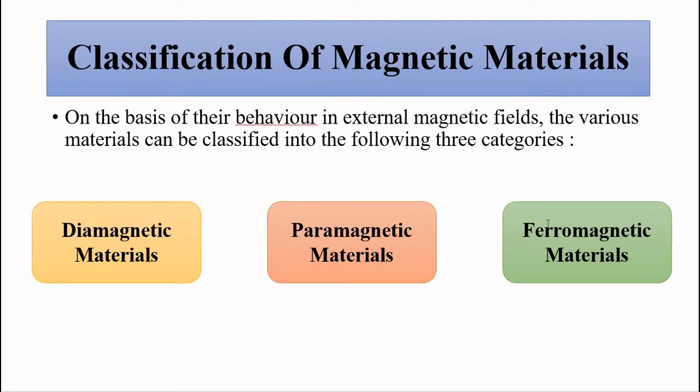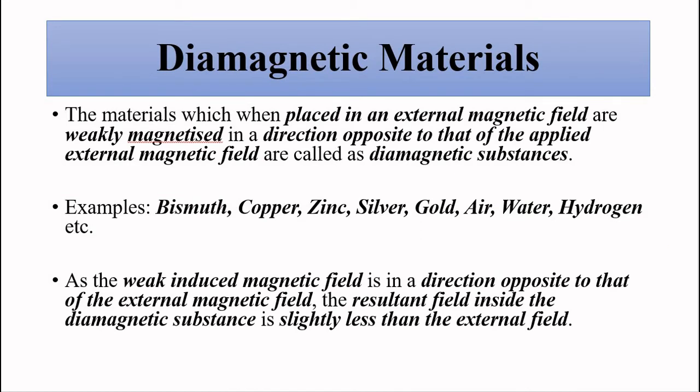So diamagnetic materials are those which, when placed in an external magnetic field, get weakly magnetized, or acquire magnetic properties to a small extent in the opposite direction to the applied external field.